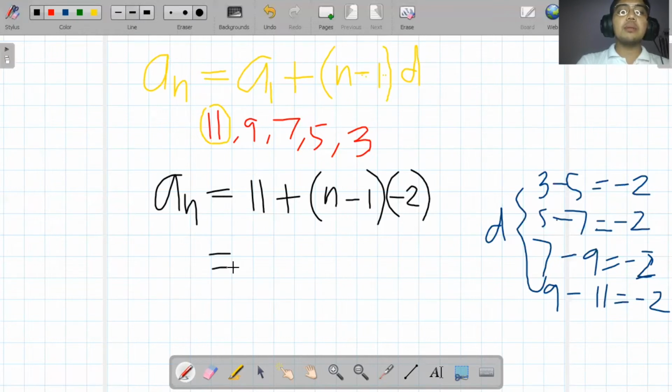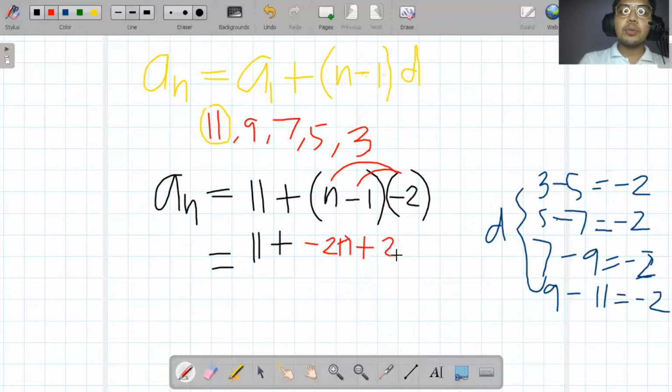And then we have to simplify. So 11 plus, then this one, distribute properly. So negative 2 times n is negative 2n. And then negative 1 times negative 2, that's positive 2.